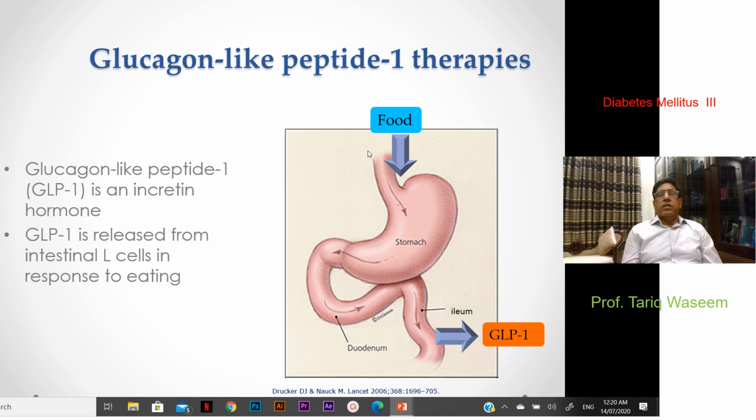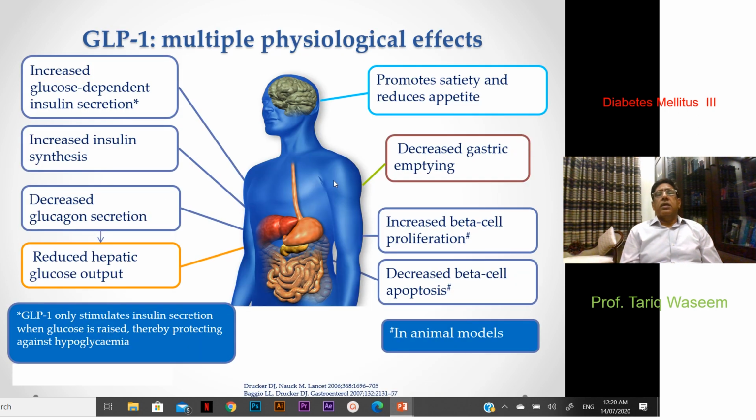This is again the same: food in the stomach would lead to release of GLP-1 from the gut, and this GLP-1, as we already narrated, would have its effects on the brain, on the stomach, and on the pancreas. So the net effect would be increased glucose dependent insulin secretion, increased insulin synthesis, decreased glucagon secretion, and this would lead to reduced hepatic glucose output.